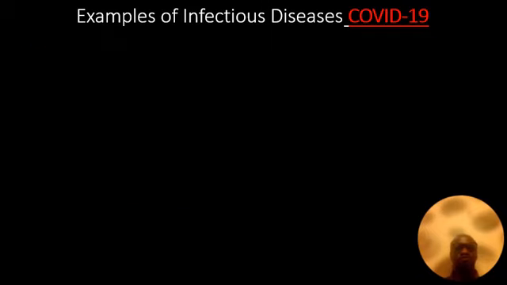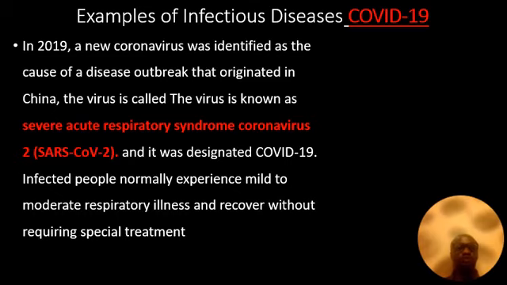when a new strain, a new coronavirus strain, was identified and it led to an outbreak. This originated from Wuhan in China, and it was designated as COVID-19. It infects people and causes severe acute respiratory syndrome, especially among people that have underlying diseases.